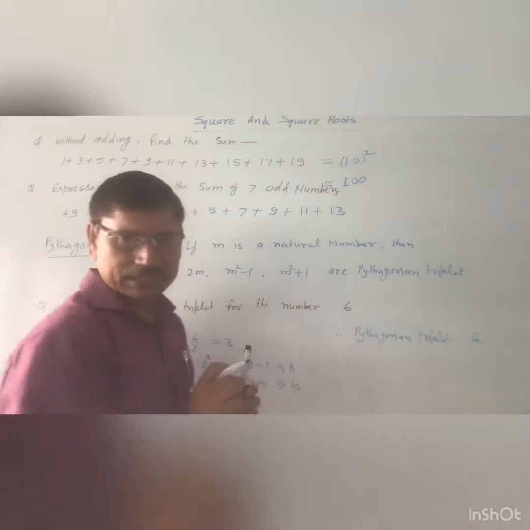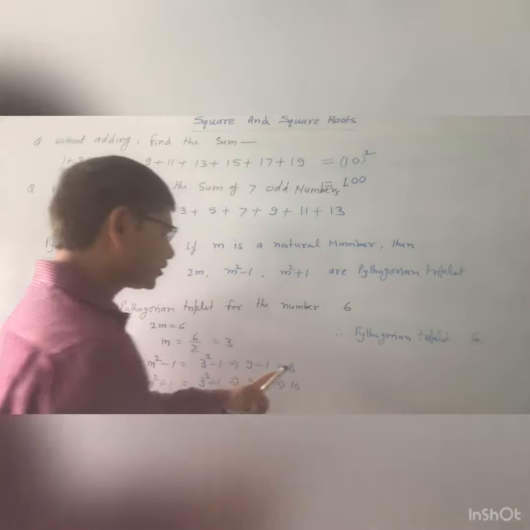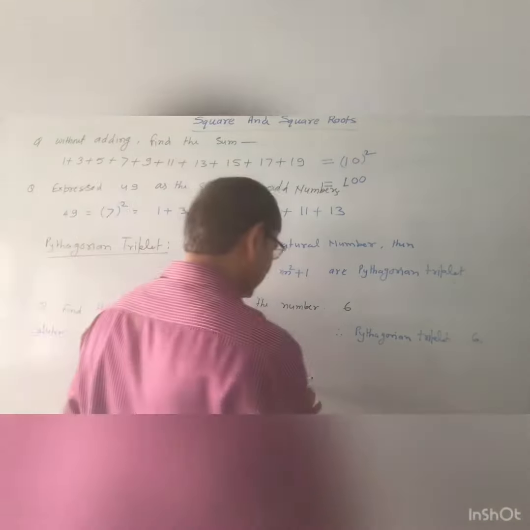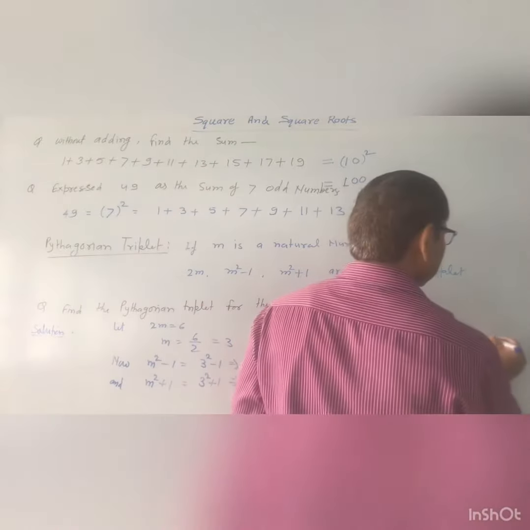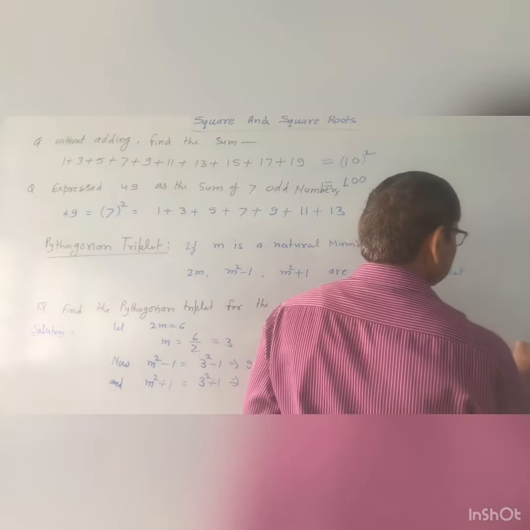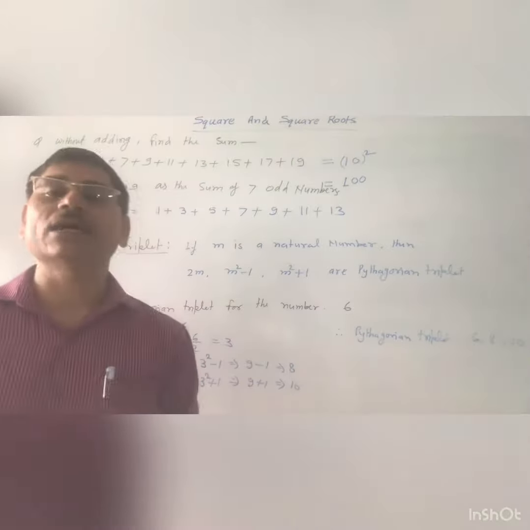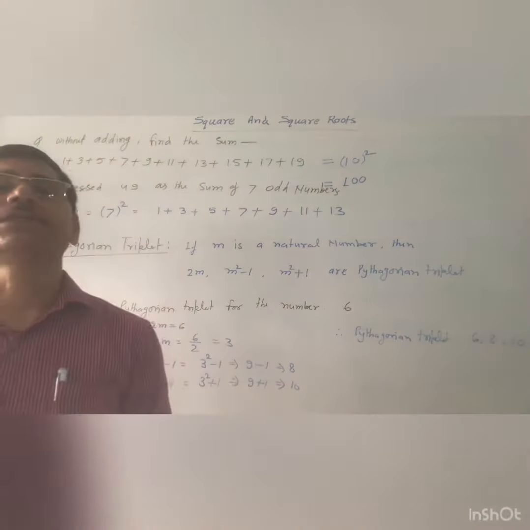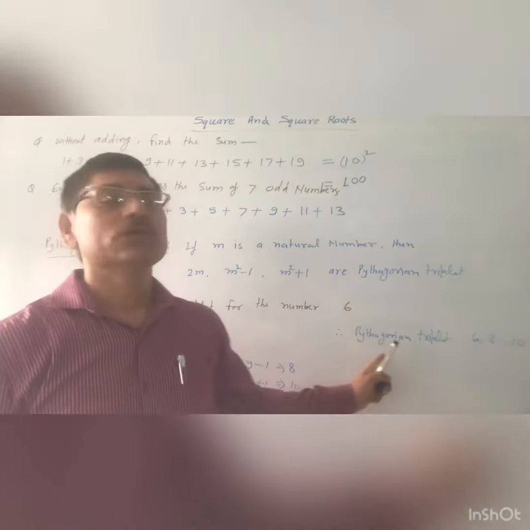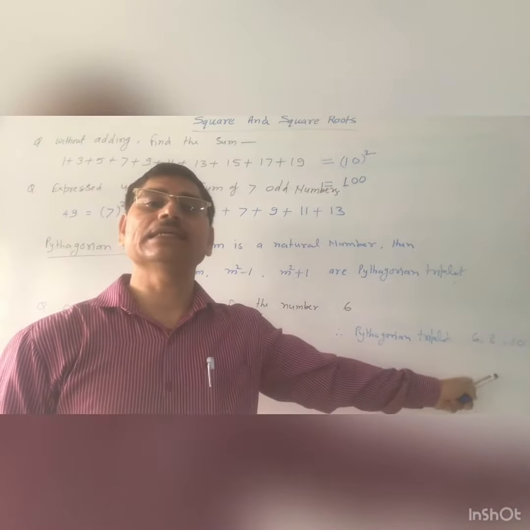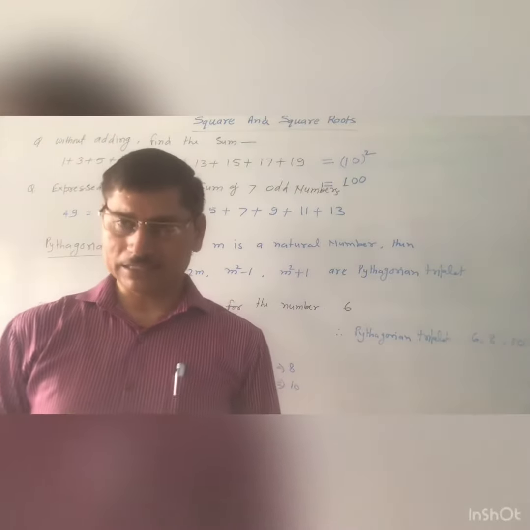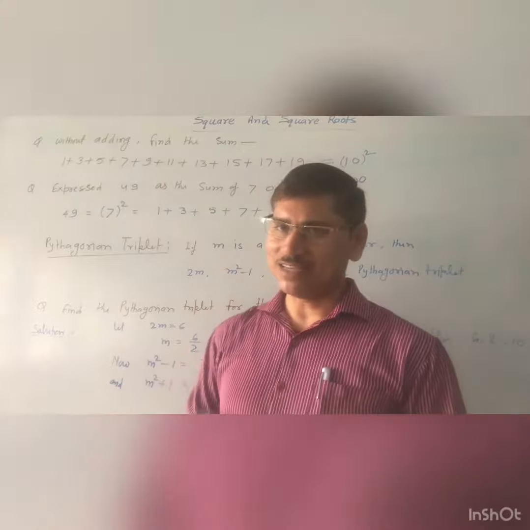The first number is given 6, so you will write 6, and next you will get 8 and 10. So these are the Pythagorean triplet. Clear? You can write it as 6, 8 and 10.